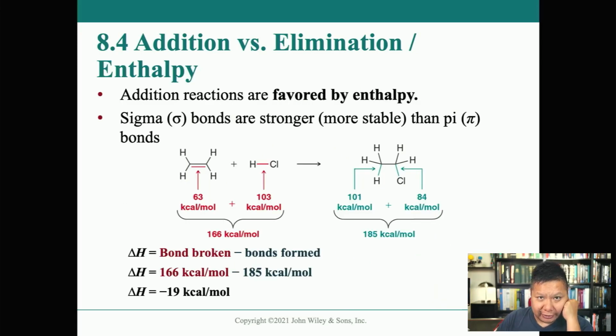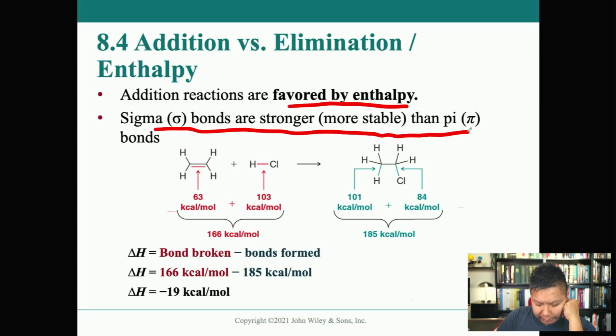Addition reactions are favored by enthalpy, so sigma bonds are stronger and more stable than pi bonds. Here we are breaking a bond that takes 63 kilocalories per mole, and another that takes 103 kilocalories per mole, for a total of 166 kilocalories per mole.